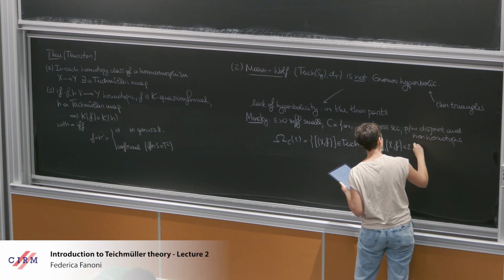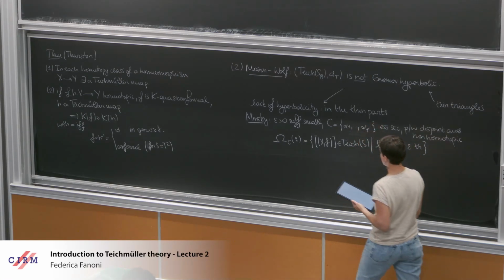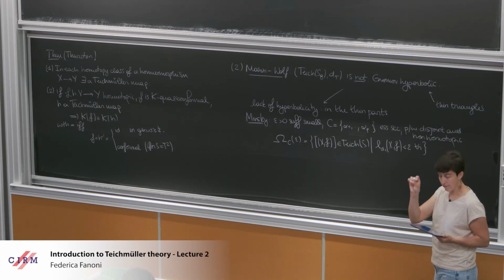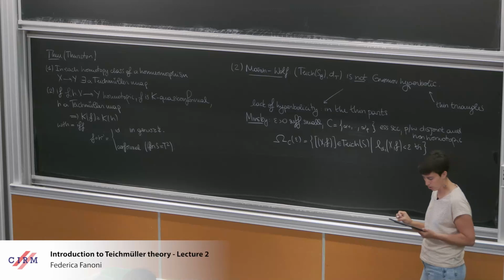I want it strictly less than epsilon for every i. So this is often called a thin part of Teichmüller space. It's a space where surfaces have a very short curve.